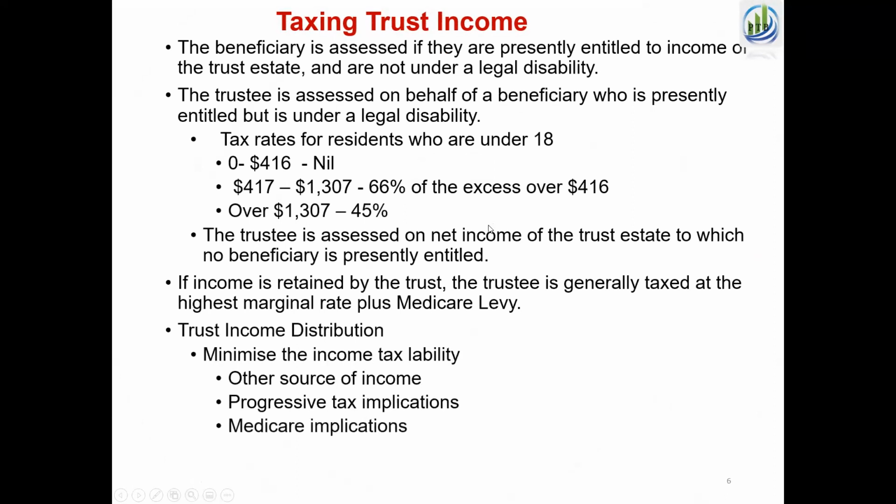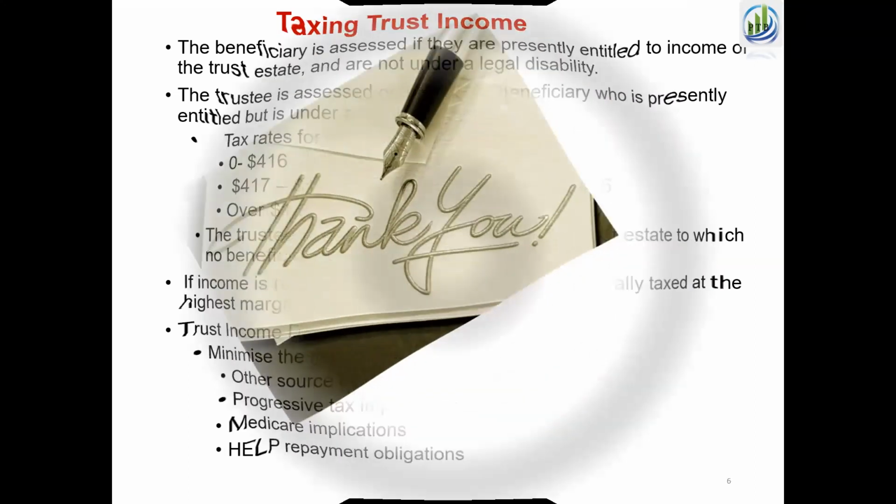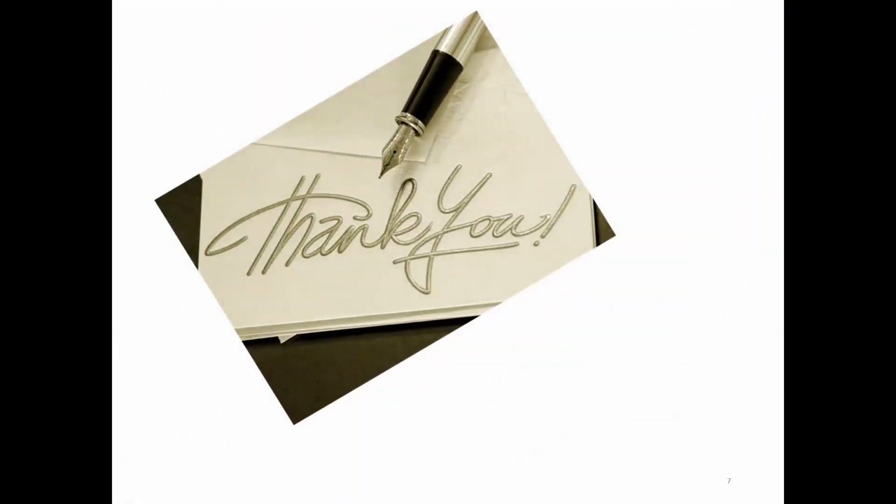We talked about these topics very clearly. When you distribute the trust income, you're going to discuss other sources of income, progressive tax implications, tax losses, Medicare and health repayments and all that. When you do that exercise, you can understand how you're going to do it.